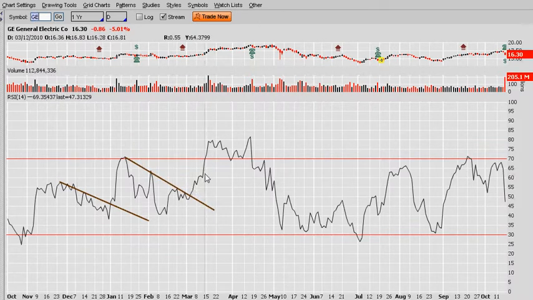And then the next one, we're in an uptrend. That takes us to about there. And the next one, we're back in a downtrend. Takes us down, down, down.